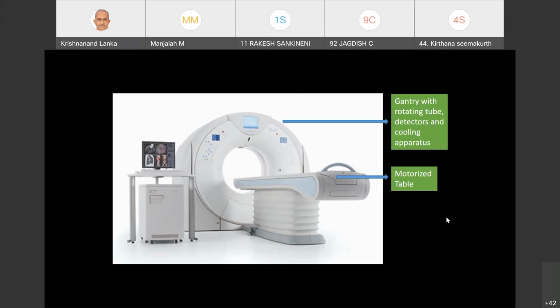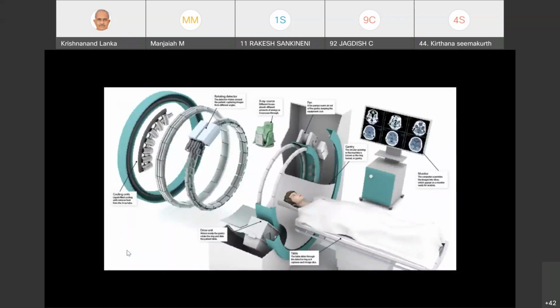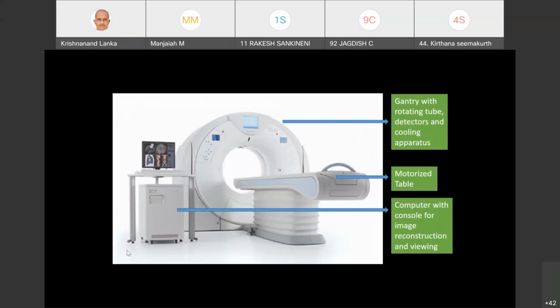This is a motorized table which goes into that donut-shaped ring, and there is a computer with a console for image reconstruction and viewing. This is normally the arrangement we see in any CT scanner.